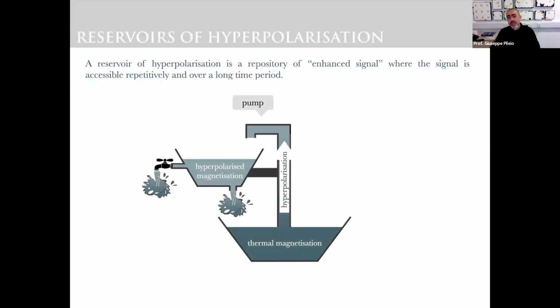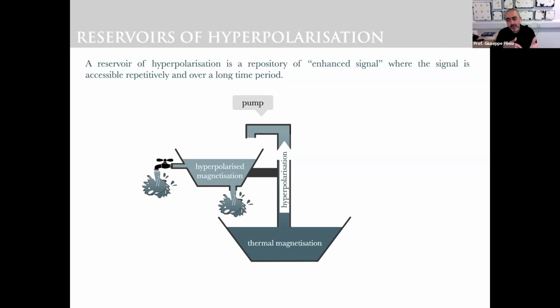So the idea of polarization, at least in my mind, can be thought of in this way. You have this bath of thermal polarization that you have to build into the system, right? And this is usually done by placing the spins into a magnetic field at some temperature. And this is what is called thermal magnetization, right? So longitudinal magnetization, if you want.